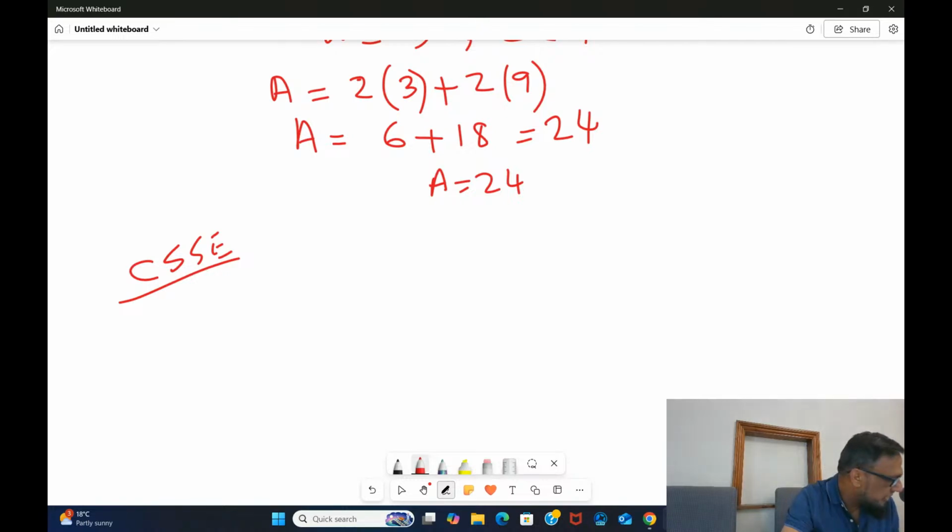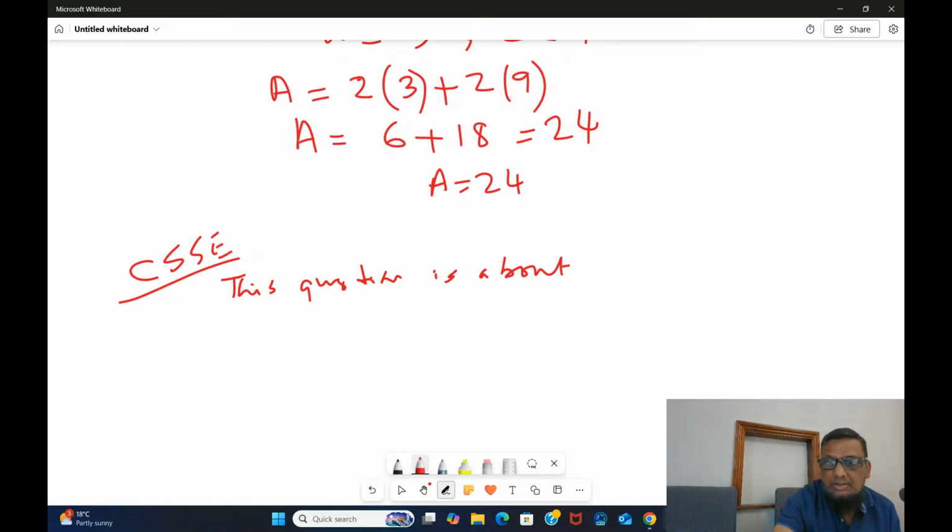Okay, so one more question for CSSE. Let me write down the question for you. This question is about the values of four letters.